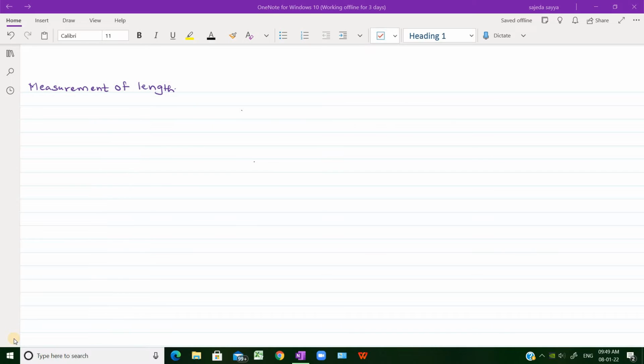Much research has been done to find the length of 1 meter, which is the unit of length. So, what path is actually taken into consideration as 1 meter?